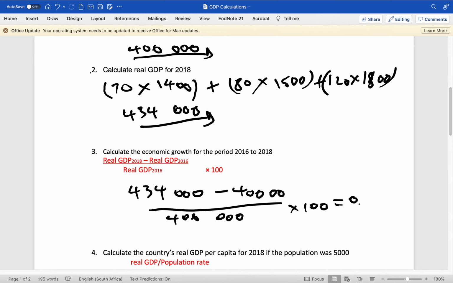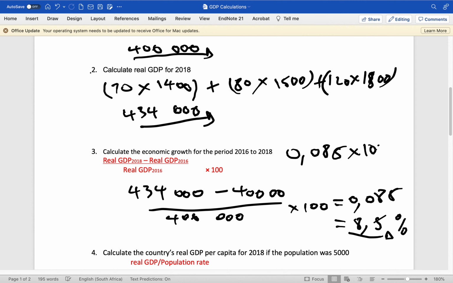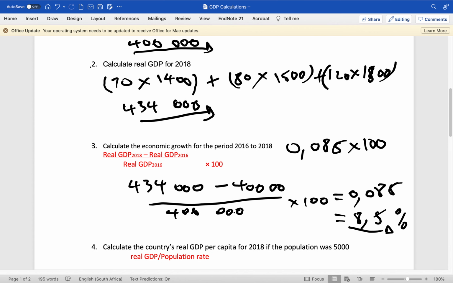So you should get 0,085 times 100, which will be 8,5%, right? So times 100, okay? So it's just that, okay, let me just show you guys, because I don't want you to be confused and concerned how I'll obtain the 8,5%. So this is basically what I've done, okay?